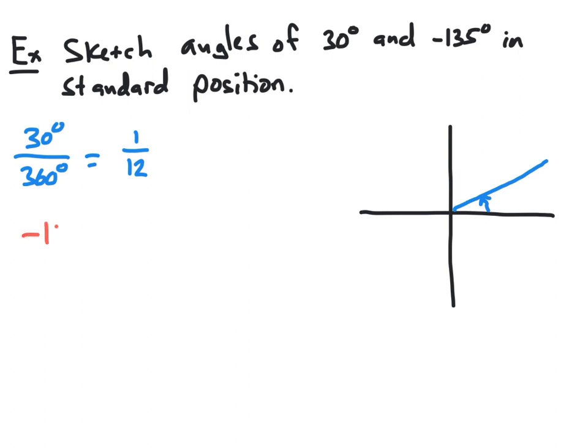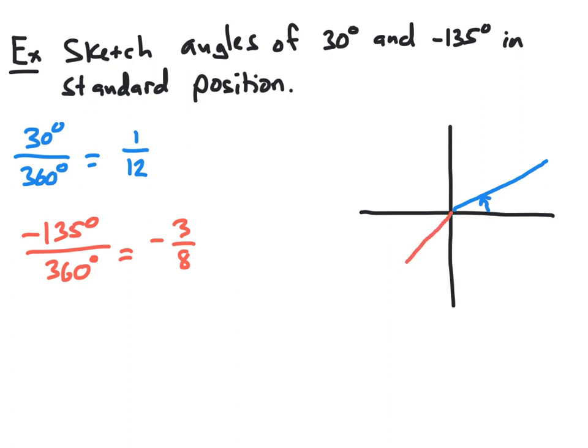For a -135-degree angle, we approach it the same way. We do note right away that this is a negative angle and therefore will be a clockwise rotation. 135 over 360 simplifies as 3/8. So this fraction will be -3/8. And so we want to rotate 3/8 of the way around, but in the clockwise direction.